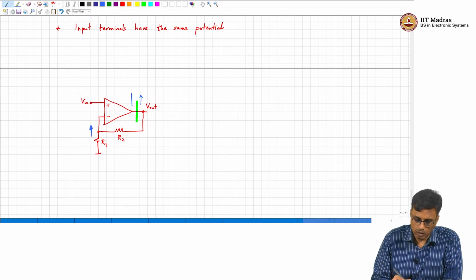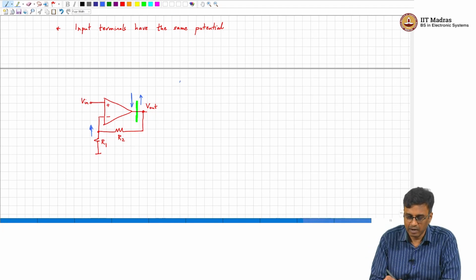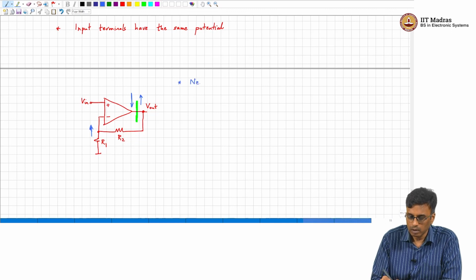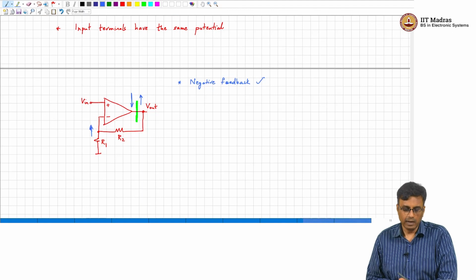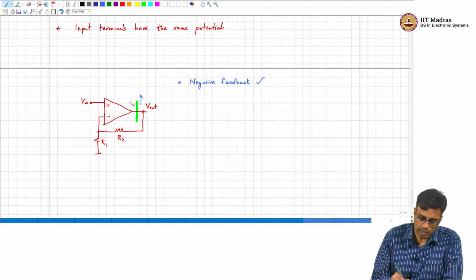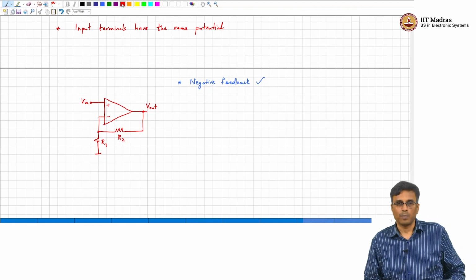Goes down. Right. And so, negative feedback, yes or no? Right. So, now we are in a position to basically apply, within quotes, the rules for analyzing op amp circuits.